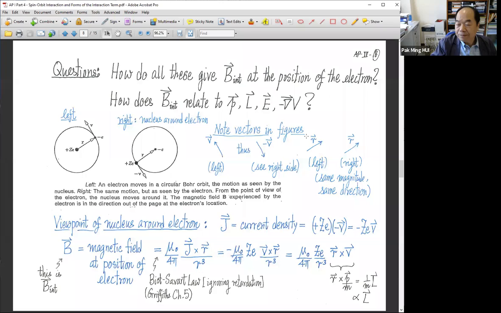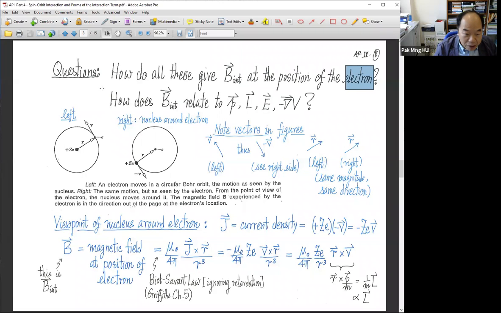So let's continue. And this page will be the key, this and the next page, okay? The question becomes, so far we are only talking about the E field, but we have been discussing that the orbital motion will lead to a magnetic field. So how can we get a magnetic field at the position of the electron so that it can interact with the spin magnetic dipole moment, okay?